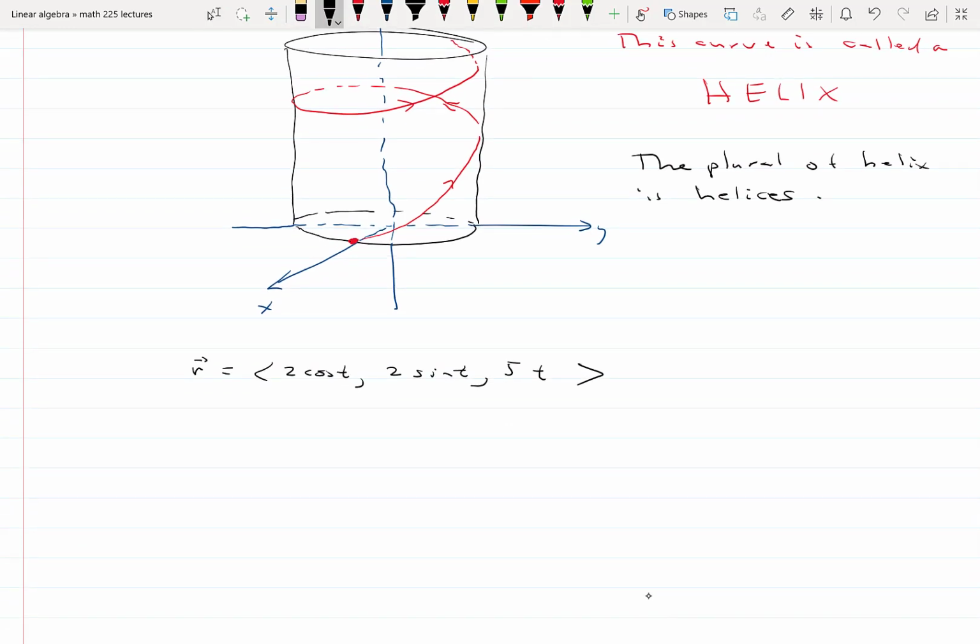Yes. X equals 2 cosine t, y equals 2 sine t, (x over 2) squared plus (y over 2) squared equals cosine squared t plus sine squared t equals 1. And of course, z equals 5t. Let's say z was negative 5t.